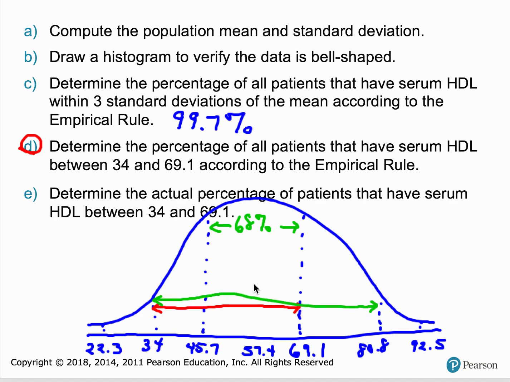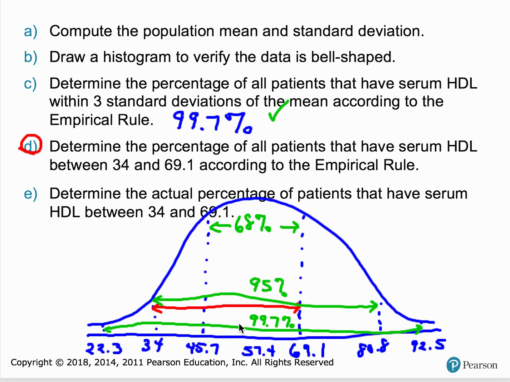Sorry, this is 95% of the data. And this is 99.7% of the data. So this question could just as well have said, determine the percentage of all patients that have HDL between 22.3 and 92.5, but that's within 3 standard deviations.